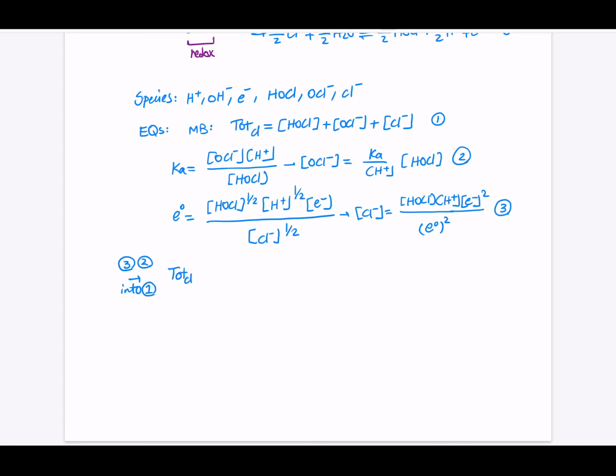Then the total Cl would be HOCl plus Ka, or rearranging it a little bit, then it would be HOCl.